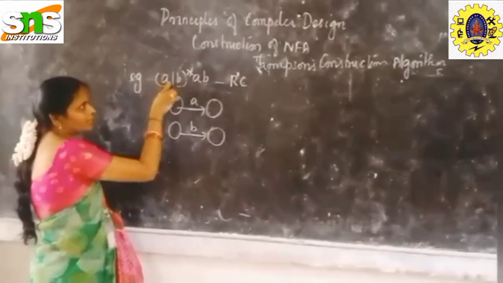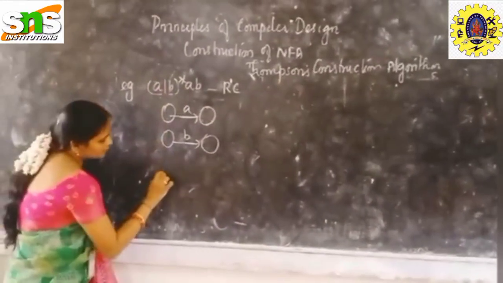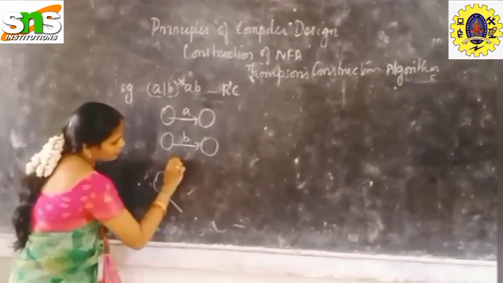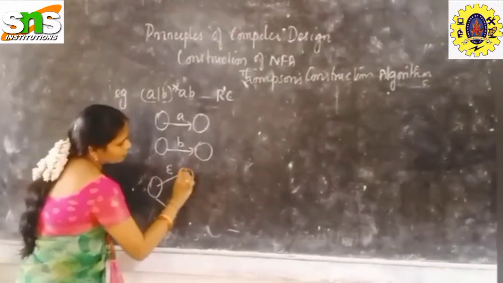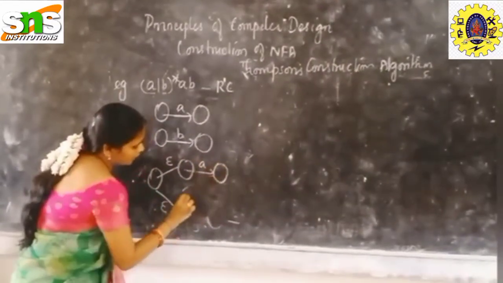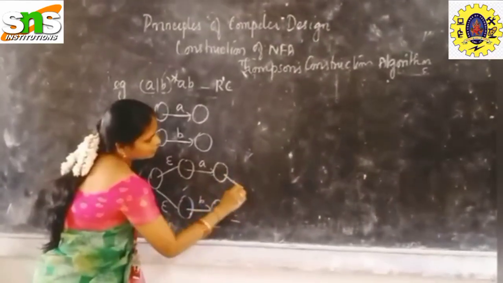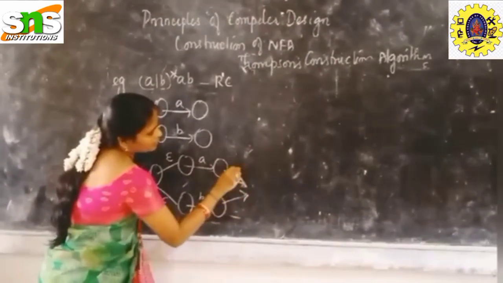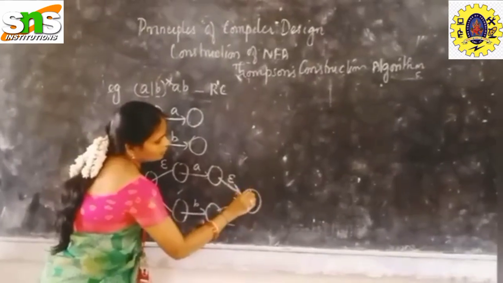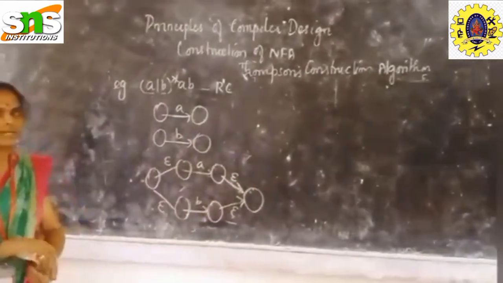Now combining A or B, epsilon transitions for A and B are joined with epsilon transitions to the final intermediate state.